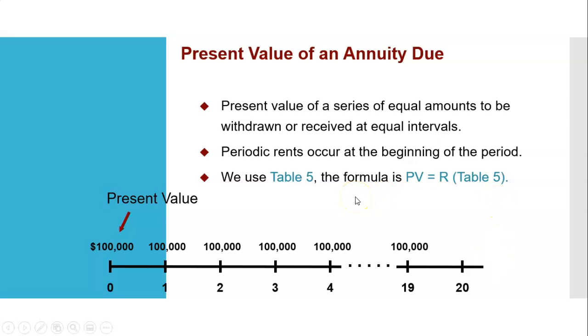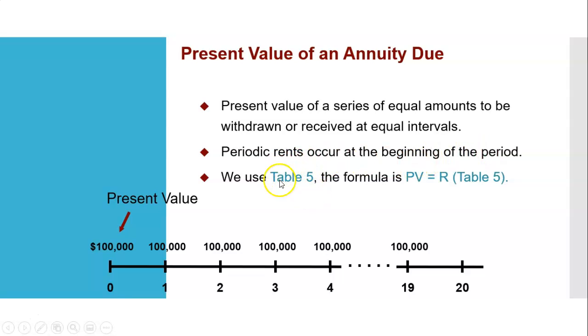Now we're going to talk about the present value of an annuity due. Just like other annuities, we either have or need the present value, or we have or need the future value. We just finished the future value; now, what if we have or need the present value? We're still talking about an annuity due, meaning the rents happen at the beginning of each period.